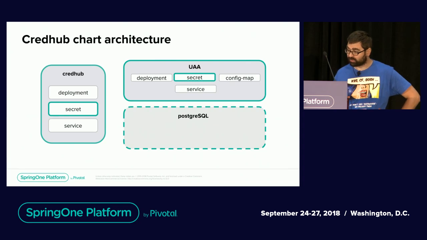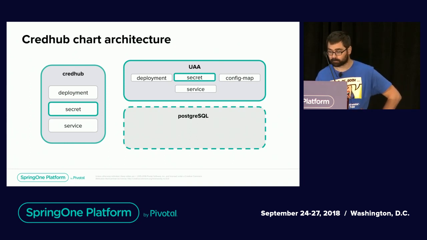In our CredHub chart architecture, we relied on UAA as a source of identity and on a PostgreSQL database as a backend for storing credentials. What is important here is that we wanted to use secrets, which I described below.